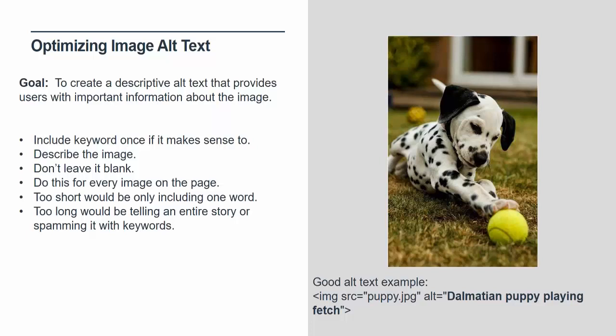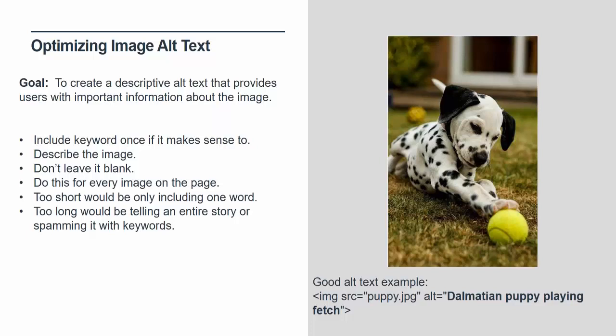You don't want to stuff, you don't want your keyword in there multiple times, but you do want to describe what the image is about, because this field is really used for screen readers. It's really used so your audience who might be visually impaired is able to still use and access your website.